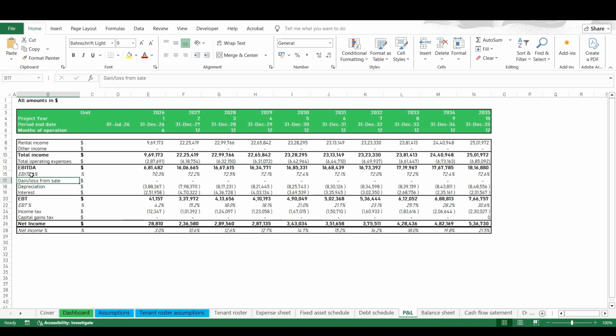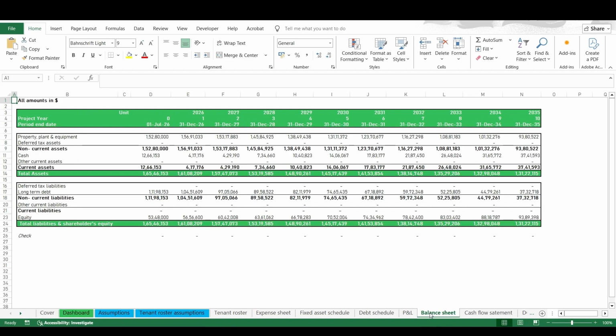Then this is the gain or loss that we have at the end of the period if we decide to sell the property. Then we have depreciation and interest, and we get our earnings before tax. Then we have our income tax and capital gains if we decide to sell our property. Then we have our net income.